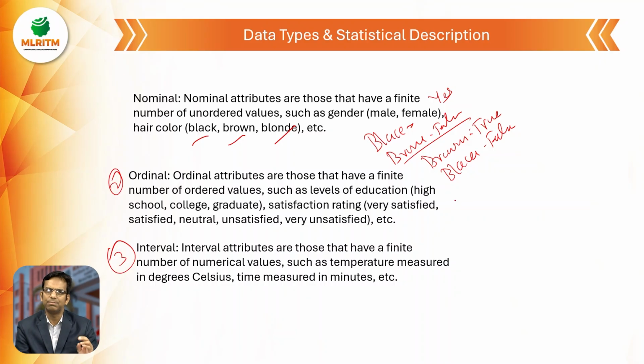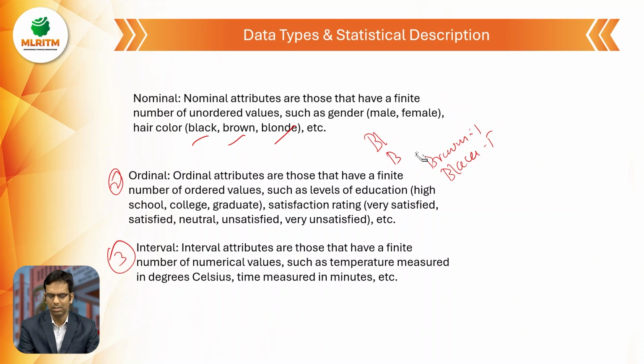If we consider male as the field name, then male is true and female is false. In the second case, if we consider female is true, then male is false. Why? Because from the given two categories, one category is going to be true and the second category is going to be false. That representation is also called the nominal attribute.